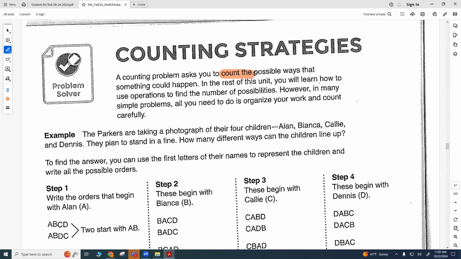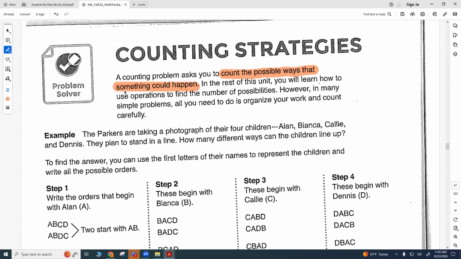We're going to count the possible ways something could happen. If you have any sense of what probability is, it has to do with how many combinations are possible with what we have.